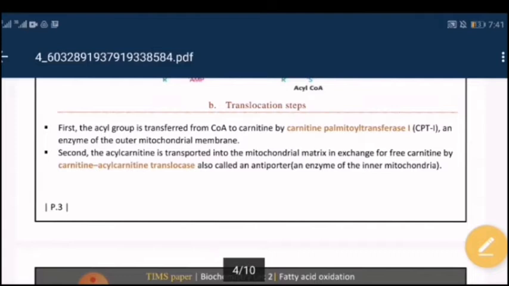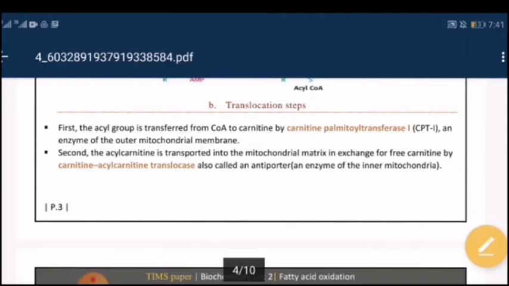As we said, the acyl group is transferred from the CoA of the fatty acid to the carnitine by CAT1, or sometimes known as CPT1, which is carnitine palmitoyltransferase 1. This is an outer mitochondrial membrane enzyme. Second, the acylcarnitine is transported through the membranes into the mitochondrial matrix by the exchange of free carnitine.